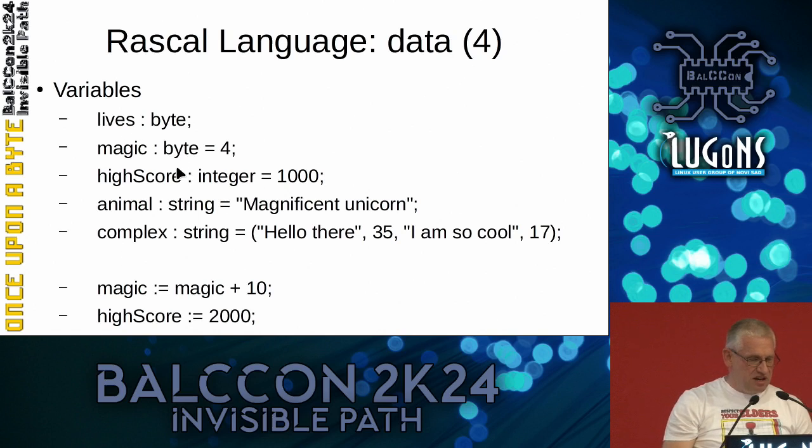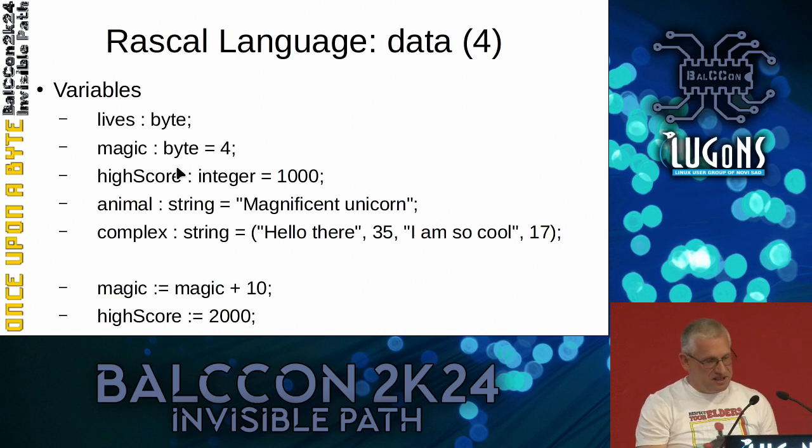Variables are defined the same way as in Pascal, so you have the name of the variable, colon, byte, and so on. You need to use this symbol to assign a value to a variable. That is really a Pascal thing.